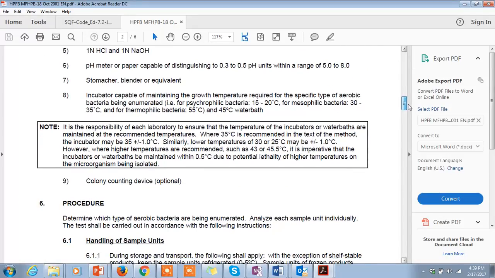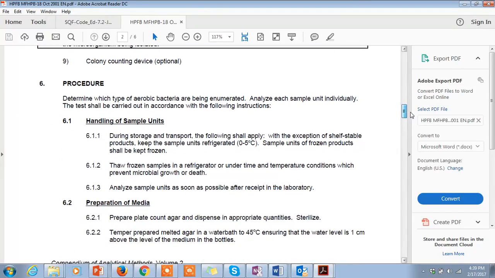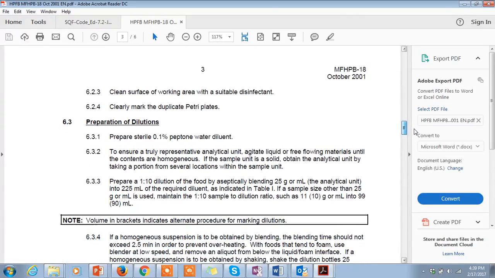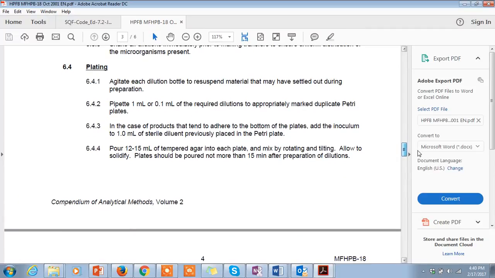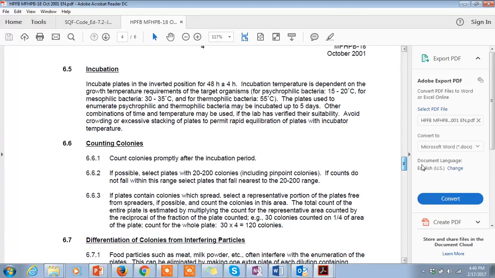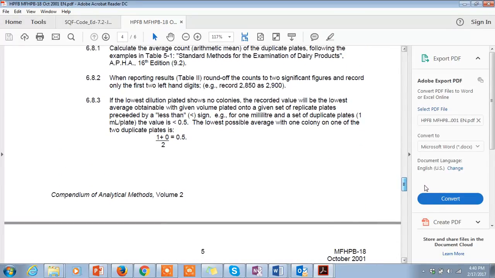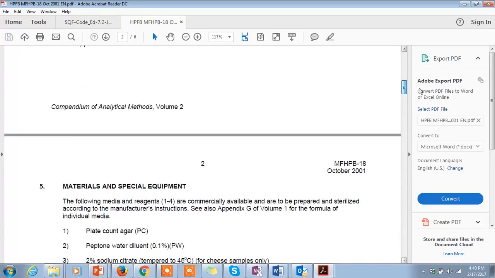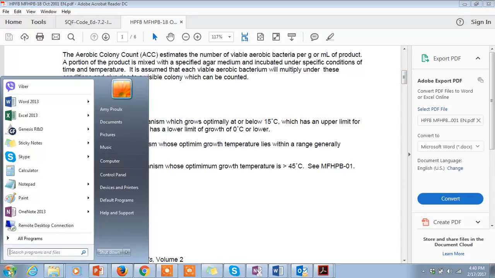So, I have my method here, and I'm going to be able to go through and read what the procedure is: preparation of my dilution series, identifying what the plating is going to be, how long I need to incubate it for, how I am going to count. Fantastic! This is exactly what I want to see. And in particular, that collection of samples is going to be important.